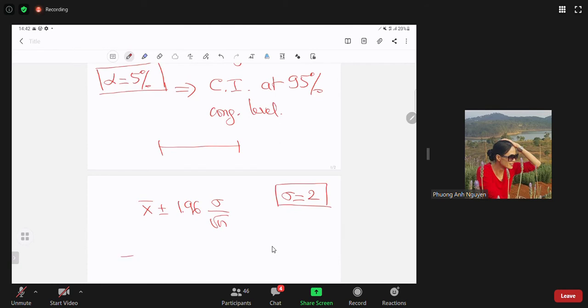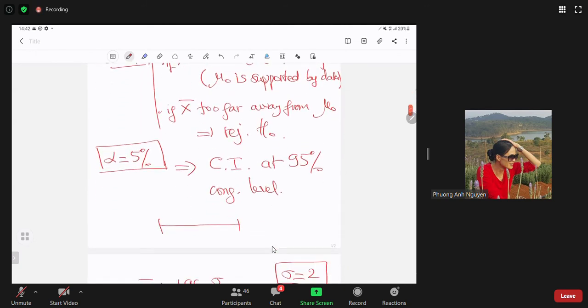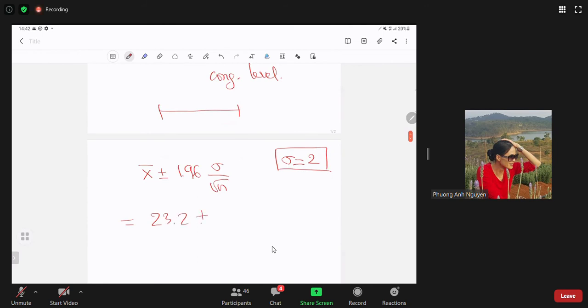I replace: 23.2 plus minus 1.96 times 2 divided by root n, root 100 equal to 10. What do you get? It is 0.2 times 2, approximately 2 times 0.4.